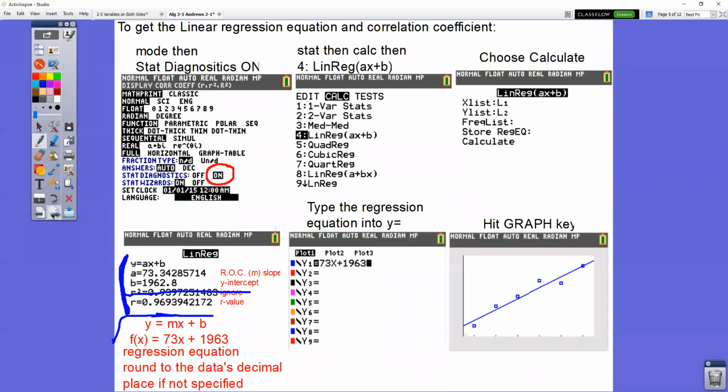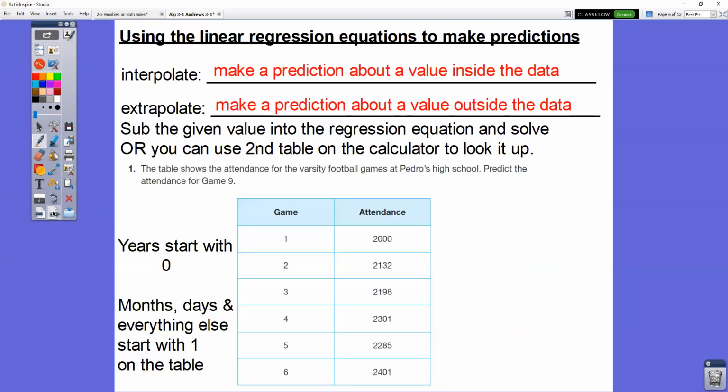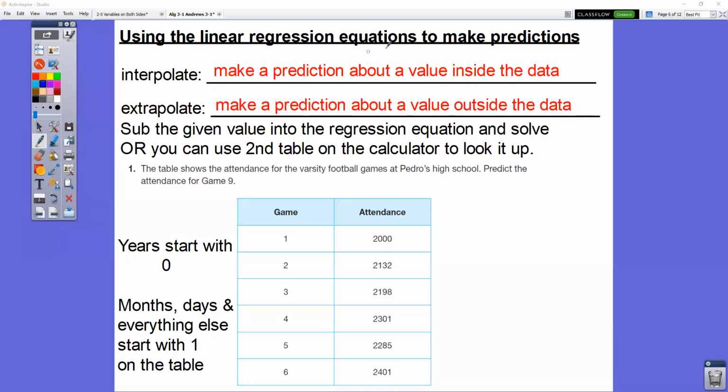So when I go back to the question, this was our data. Hopefully you can see my screen. We're going to use the linear regression equation to make predictions.